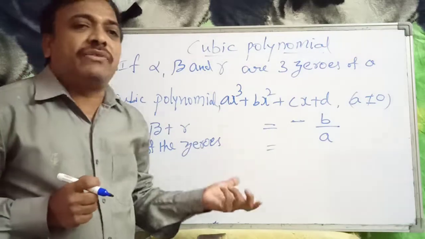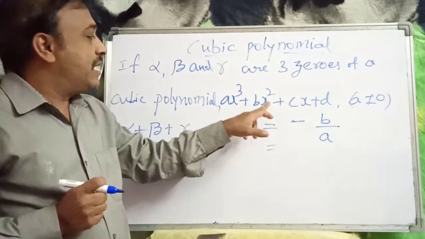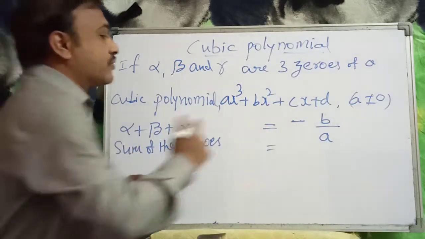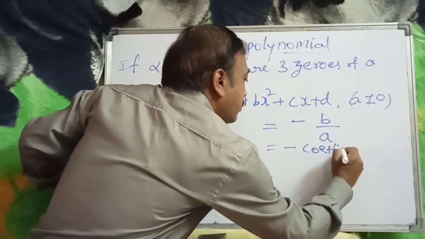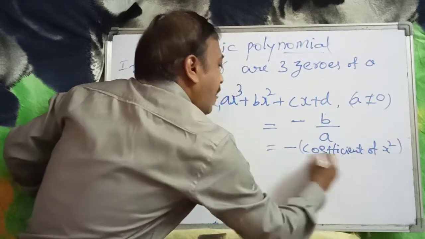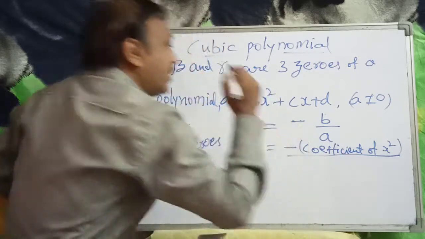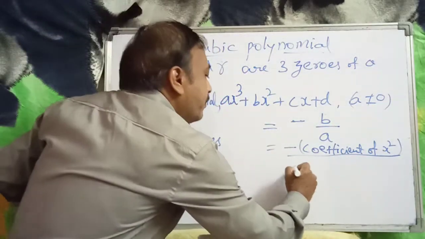What is actually b? b is the coefficient of x square. So minus the coefficient of x square by a, the coefficient of x cube.